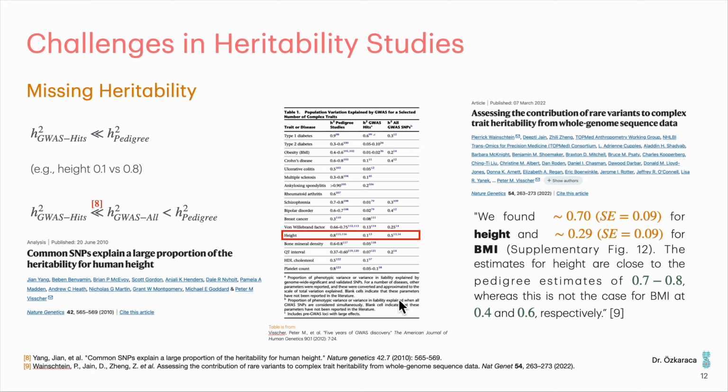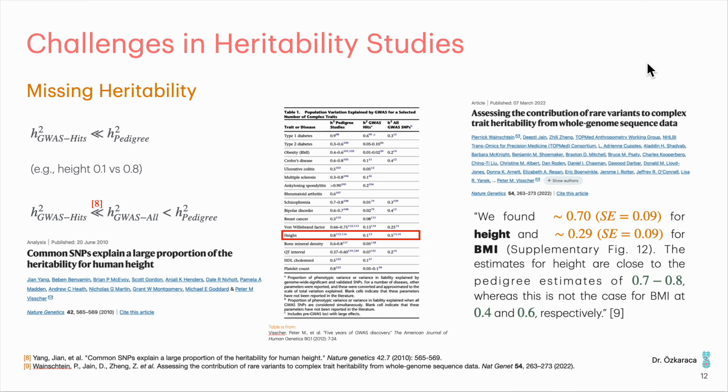And in recent years, the availability of large-scale whole genome sequencing datasets has shed light on this issue. These studies have shown that a significant proportion of the missing heritability can be attributed to rare variants.